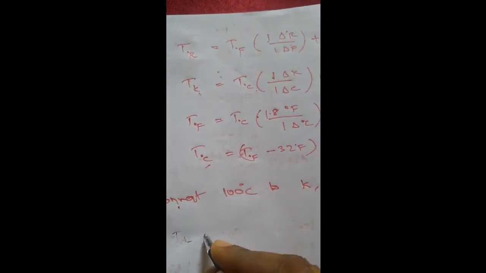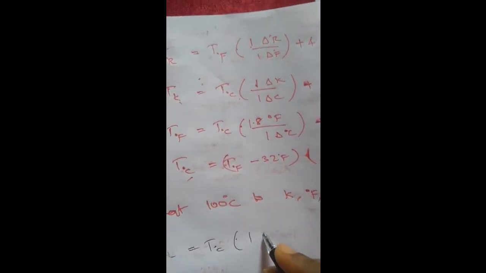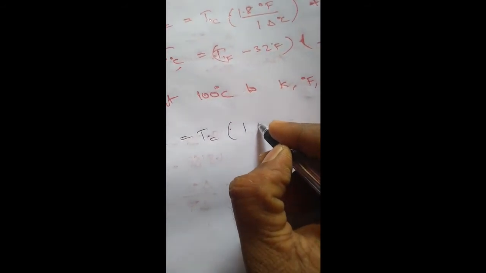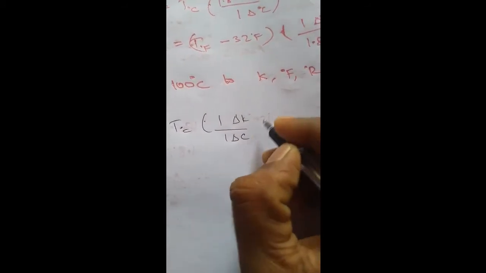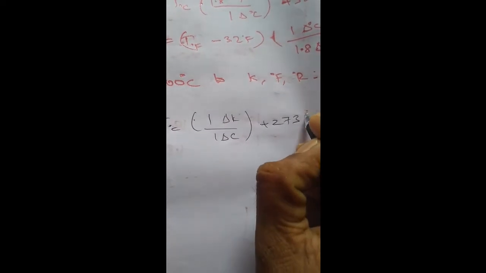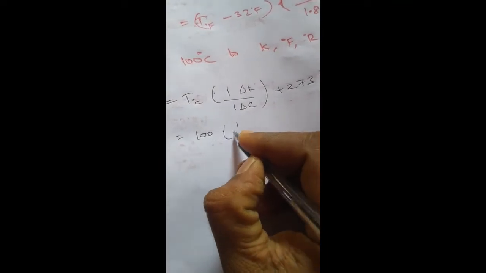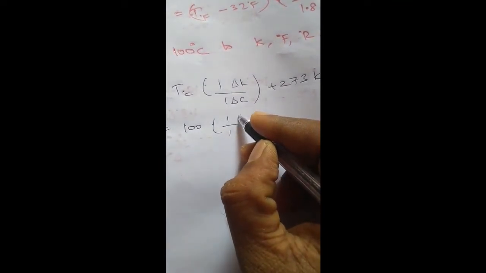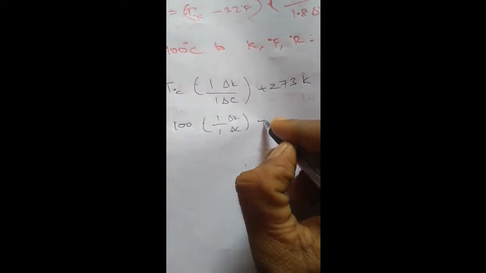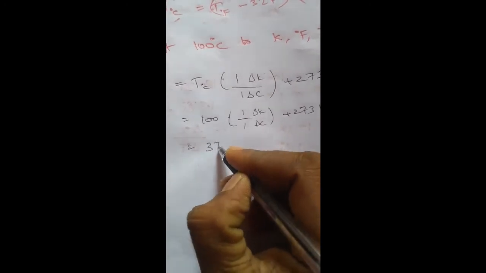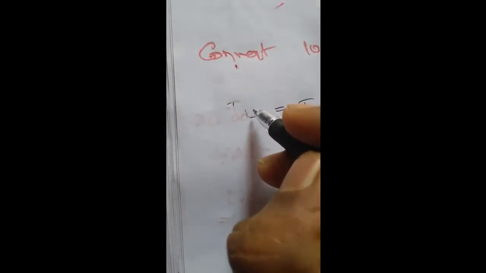T Kelvin is equal to T degree Celsius into 1 delta K by 1 delta C plus 273 Kelvin, which is equal to 100 into 1 by 1 delta K by delta C plus 273 Kelvin, which is equal to 373 Kelvin. Okay, so this is the temperature in Kelvin.